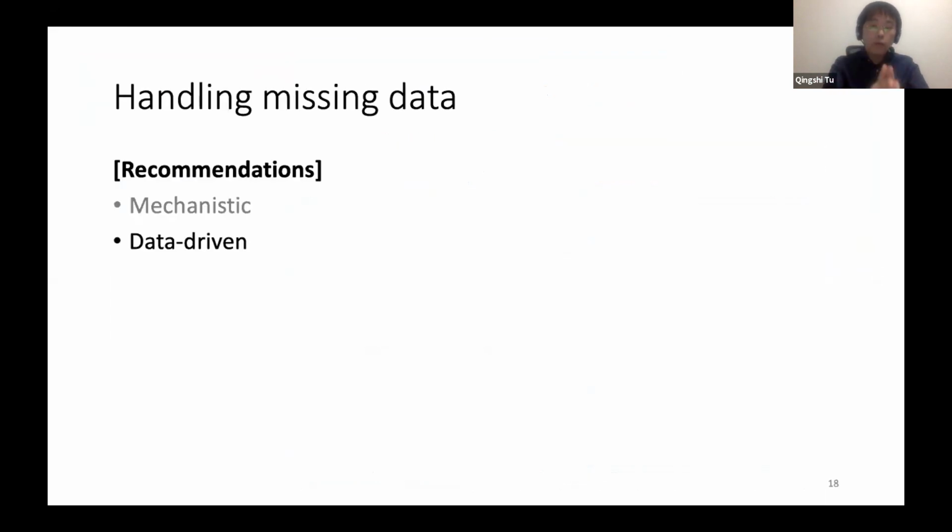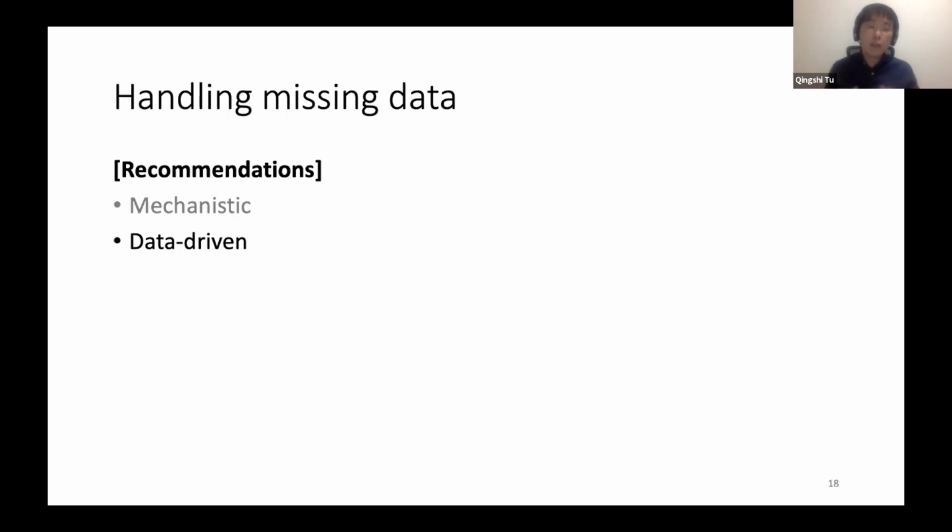So far I covered mechanistic approaches, and you need to understand what's going on. You need to understand the mechanism of the reaction, for example. But in many cases you don't really, right? Especially if you're facing a very complex system, you only have the data, for example, your experiment measurement, your experiment condition, and your yield, but you don't really know what's going on in between these two things, right?